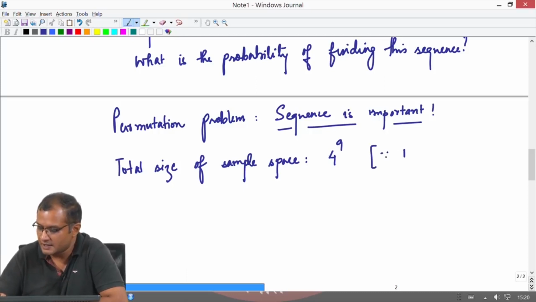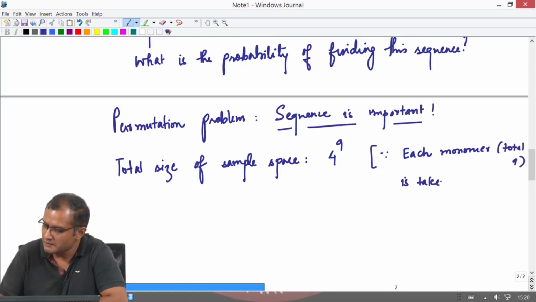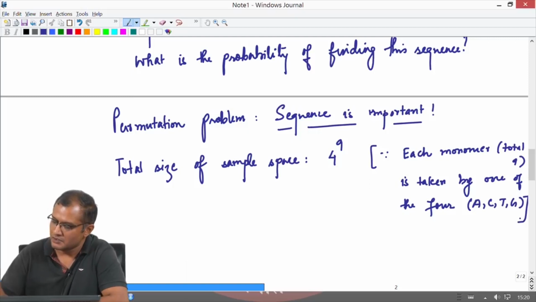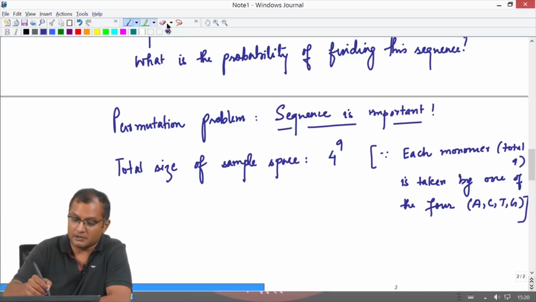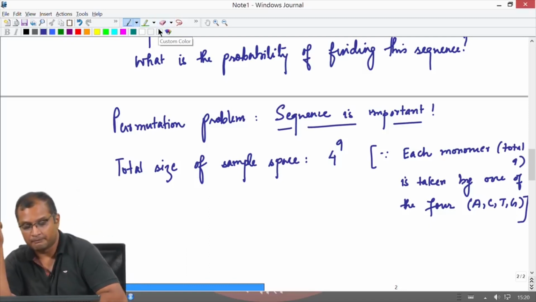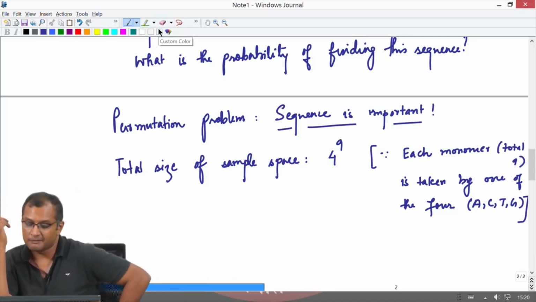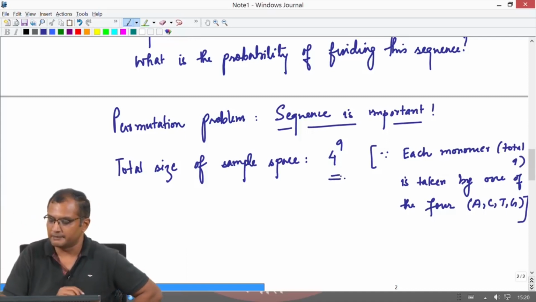Since each monomer, total 9 of them, is taken by one of the 4, that is A, C, T and G. So, if you have 9 vacancies and each vacancy can be taken by one of these 4, the total number of peptide chains you can construct is 4 to the power 9.